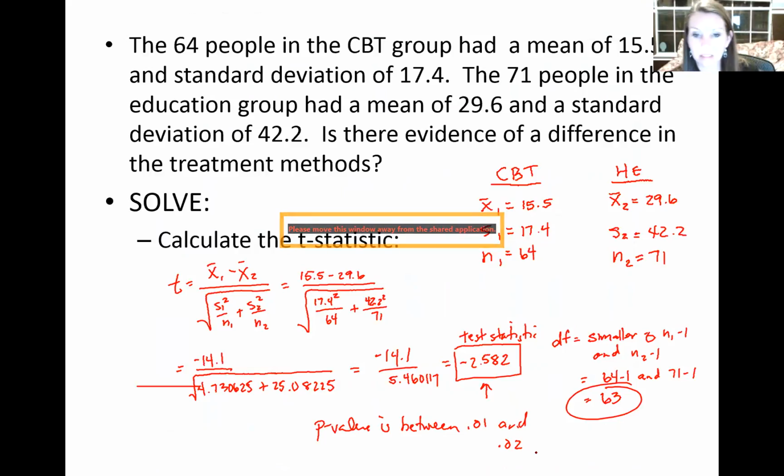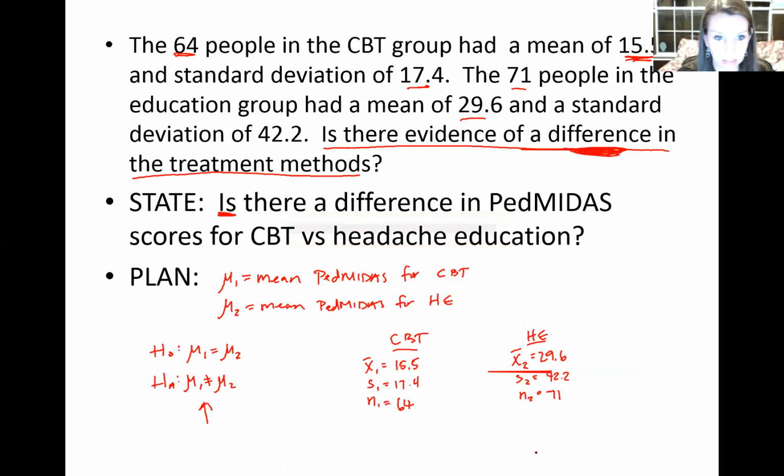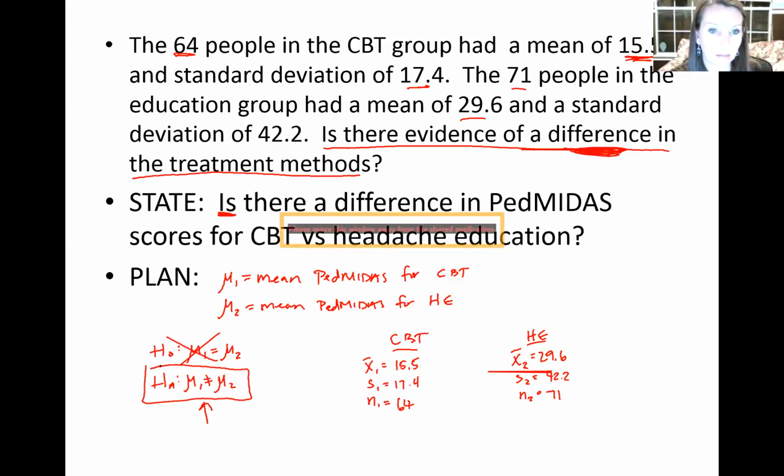If the p-value is between 0.01 and 0.02, then that's going to be low. And when p is low, H0 must go. So we reject the null hypothesis. I'll back up to show you what that looks like again. We're going to reject the null hypothesis, and we're going to conclude that the mean pedmitis for the CBT is different from the mean pedmitis for the headache education group.